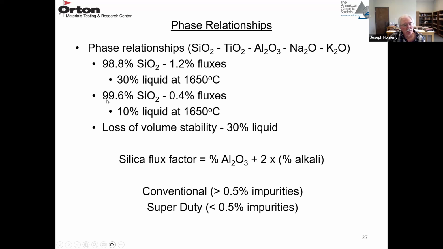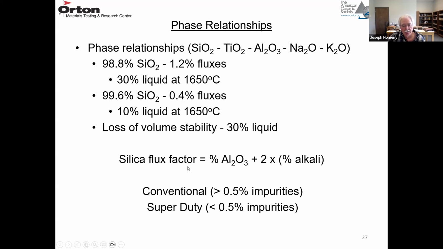The super duty silica refractory might be one at 0.4% fluxes. A combination of all of these at only 0.4% gives you 10% liquid at 1650. So 1.2% is not a high level of impurities, but it really affects the performance. It's much better at a lower impurity level of 0.4%.